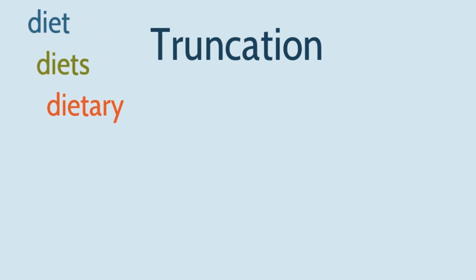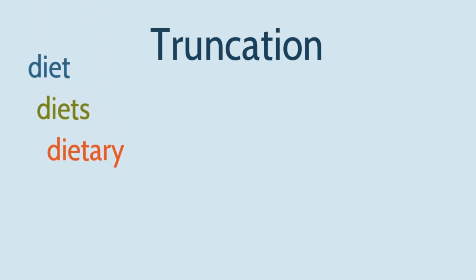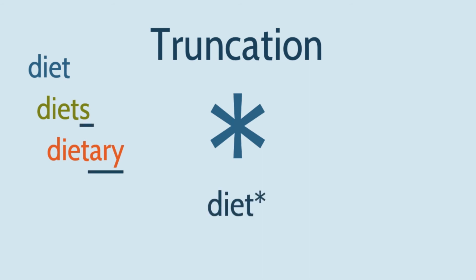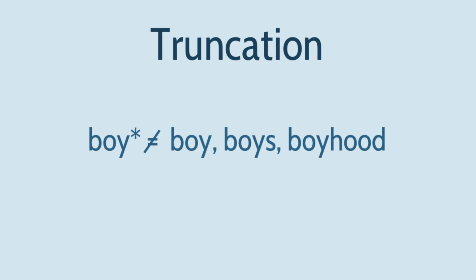And finally, truncation. Truncation is a way to search for multiple variants of a term. For example, diet, diets, and dietary. Each database will have a unique symbol to use for truncation, but many use the asterisk. There are a few things to remember when using truncation. First, some databases require at least 4 letters for truncation, so boy asterisk will not retrieve boy, boys, or boyhood.